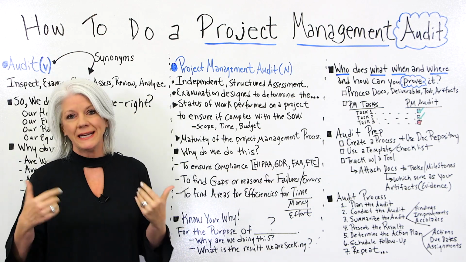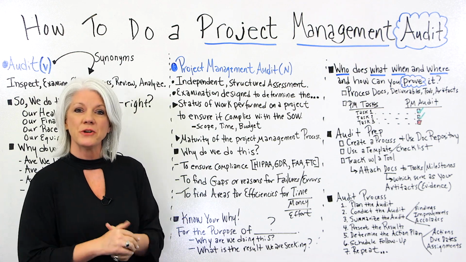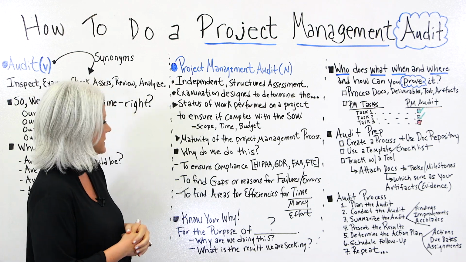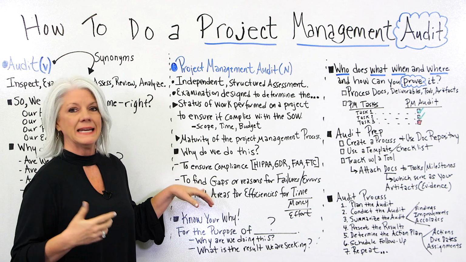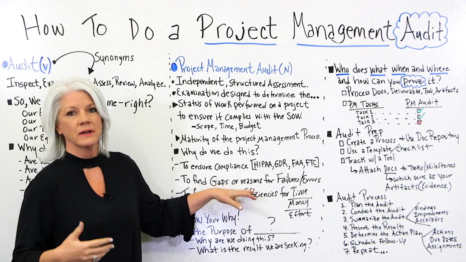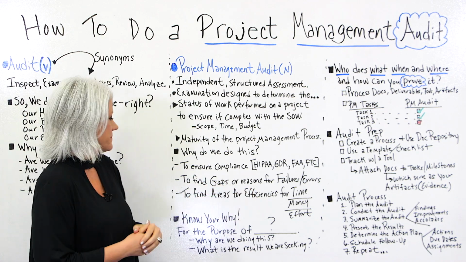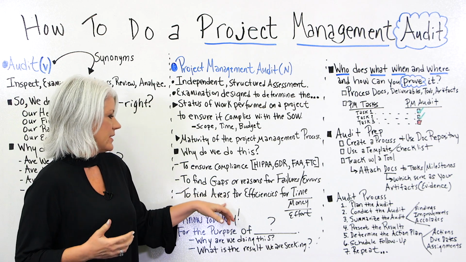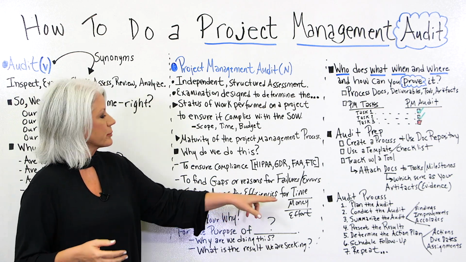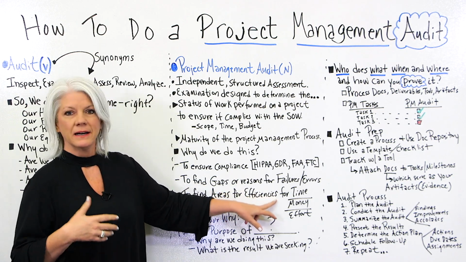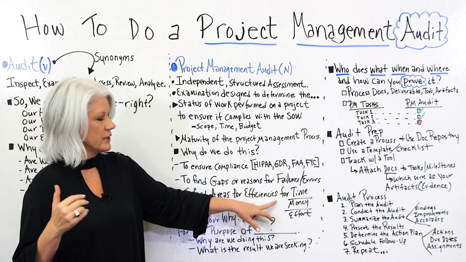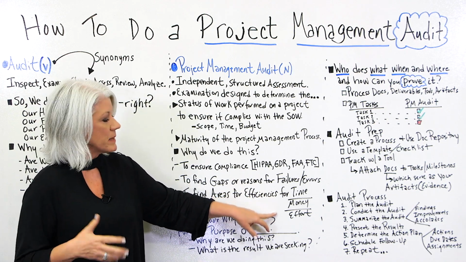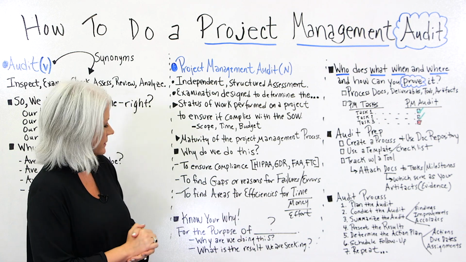So depending upon what industry, there may be things that you have to comply with in your project. We also want to find any gaps or reasons for failures or errors. And then we want to find areas of efficiencies to improve the time, improve the money, or decrease expenses. Maybe we even want to decrease the effort.